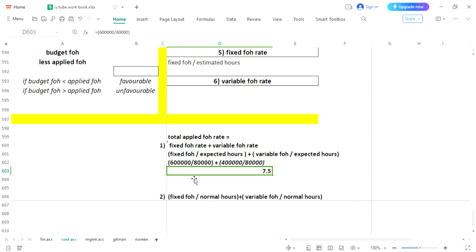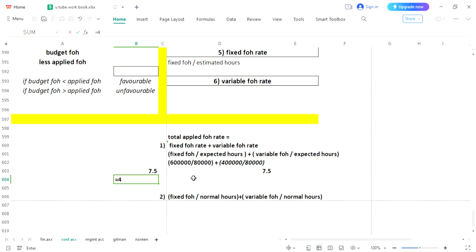We can calculate it over here so that we can write properly. So 7.5 is the first rate which is fixed rate, 7.5. Okay, next rate we will calculate over here. 4 lakh is to be divided by 80,000. So we have got our second rate which is 5.